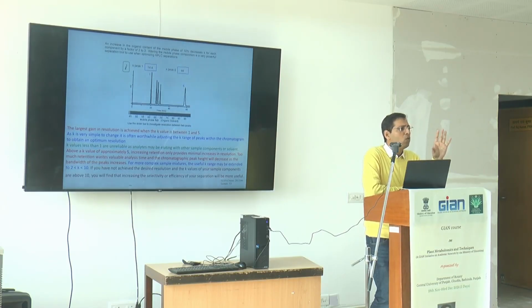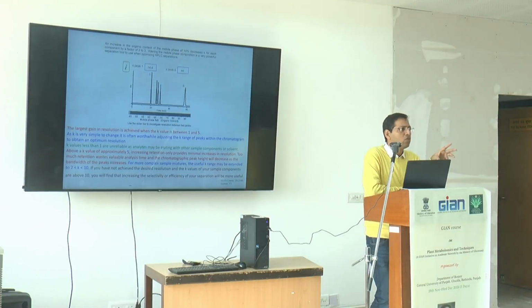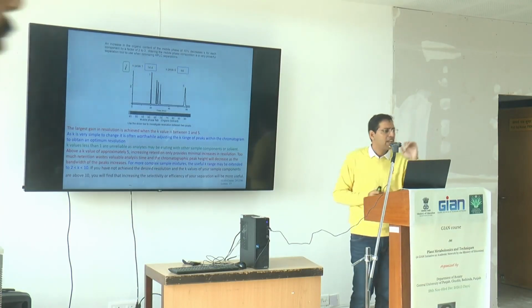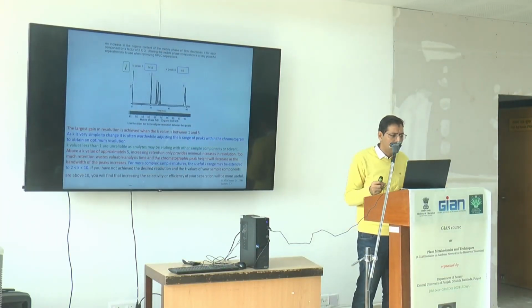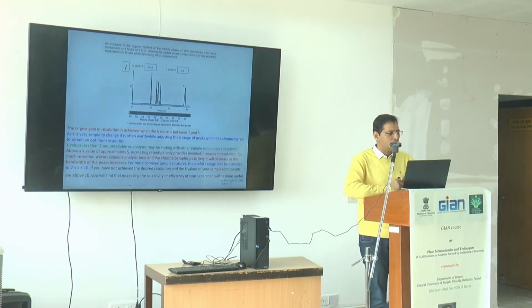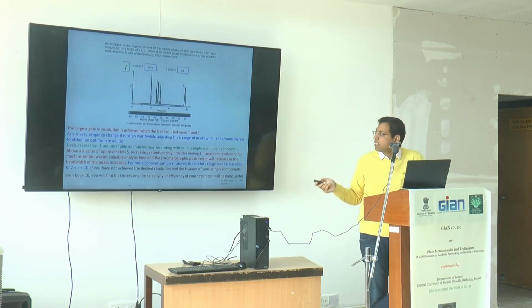But if the K value is between 1 and 5, you should always try to find a mobile phase composition for your experiments so that you get a K value between 1 and 5. A K value less than 1 is unreliable. Above 5 it creates many issues and too much retention. For more complex mixtures, the K value can be extended up to 10 and down to 2 basically.